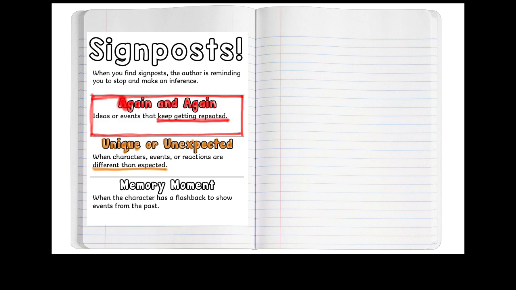Maybe they're different because everyone else does something different, or maybe they had a pattern going and they changed it up. So when there's something happening in your story that catches you off guard, you weren't expecting that, or seems different than everything else, you have found a unique and unexpected signpost.